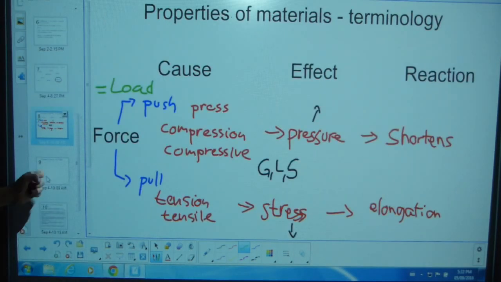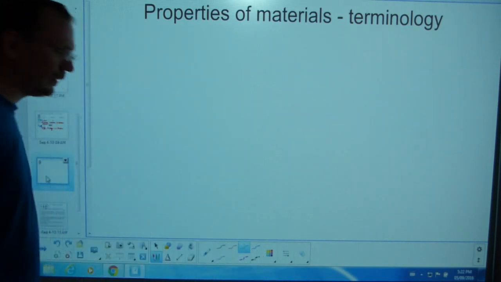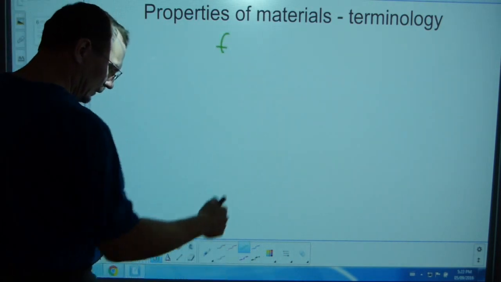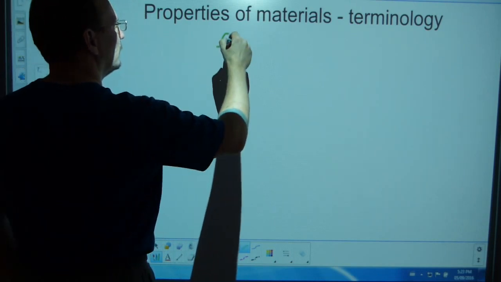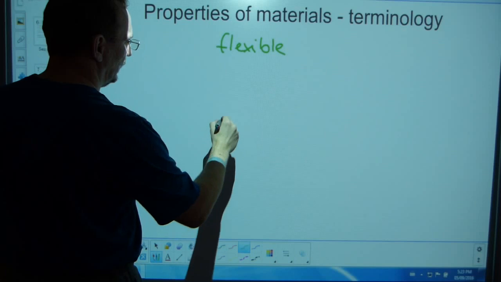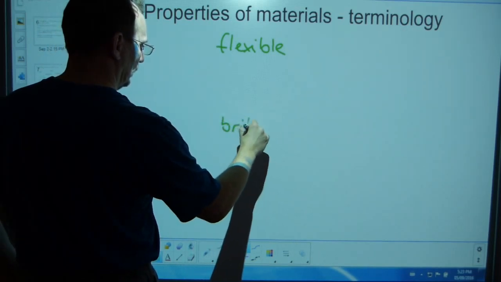So the journey starts with materials that are flexible. Okay, I'll write it. Flexible. Or some other materials are brittle.